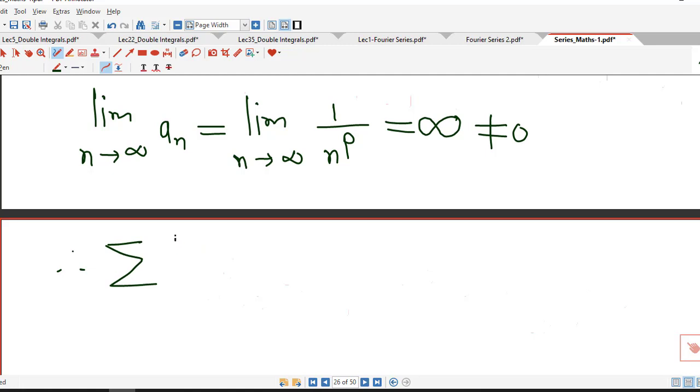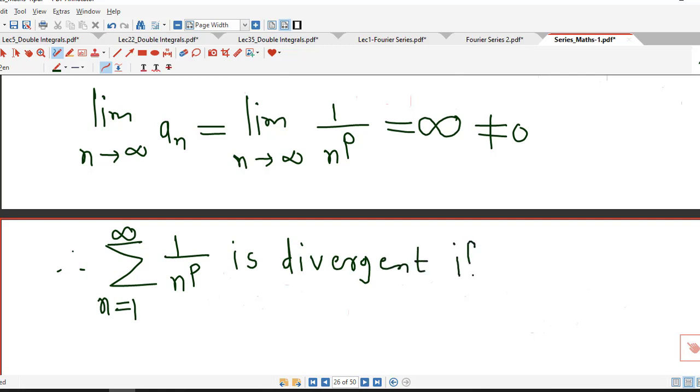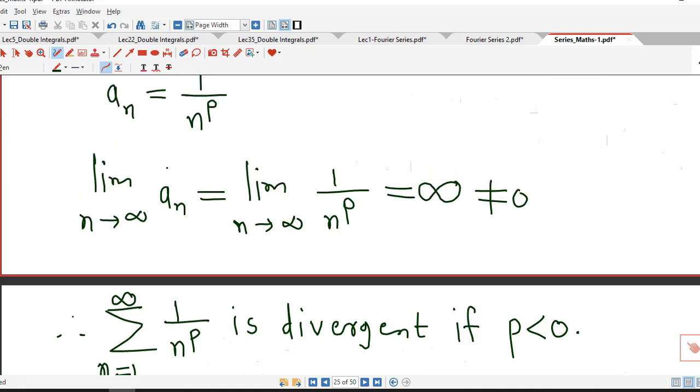So sigma 1 over n raised to p, n equal to 1 to infinity, is divergent if p is less than 0, because for p less than 0, the limit of the nth term is infinity.